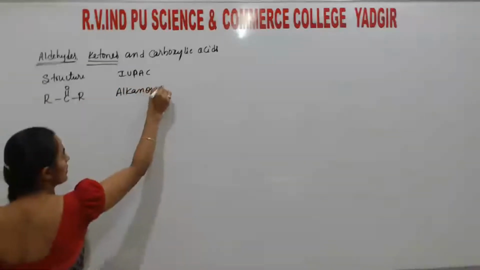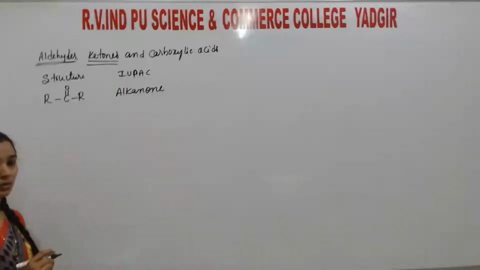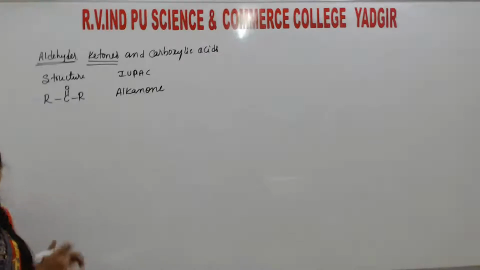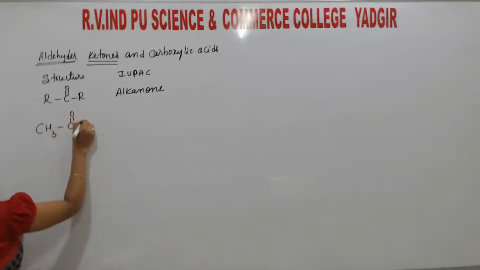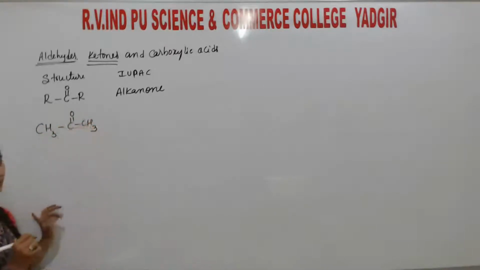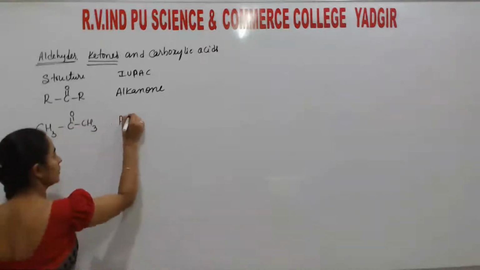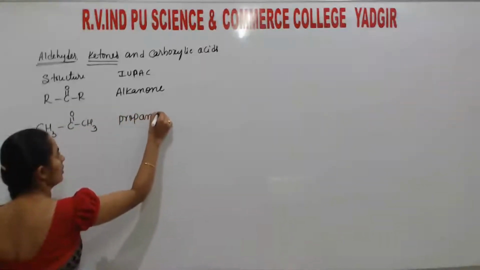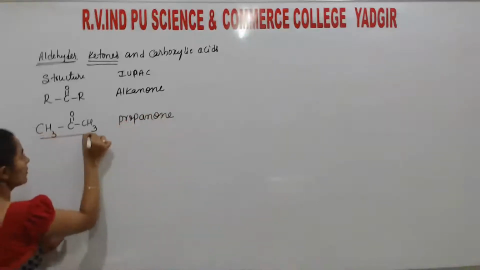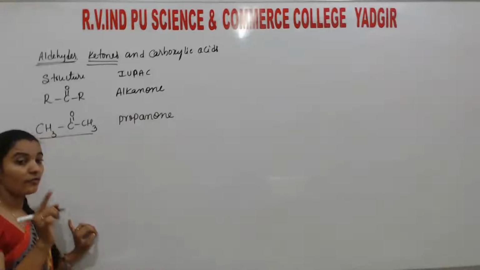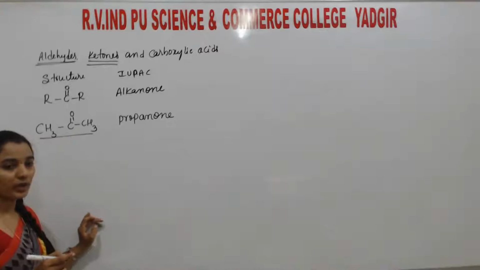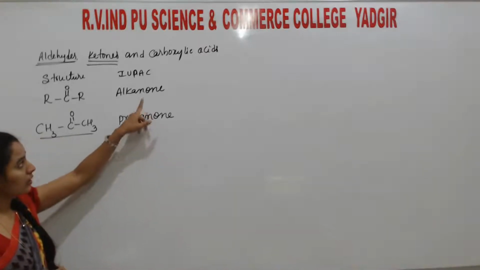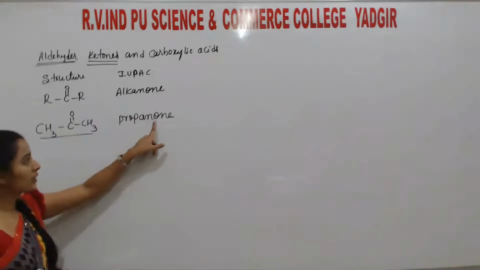The last E is replaced by ONE. Alkanone. Okay, now the example for that is CH3 C double bond O CH3. So student, this is propanone, because this is the parent chain with 3 carbon atoms, because we are considering this carbon also as a carbon atom of the parent chain. So propane chain is there. The last E of the propane is replaced by ONE.